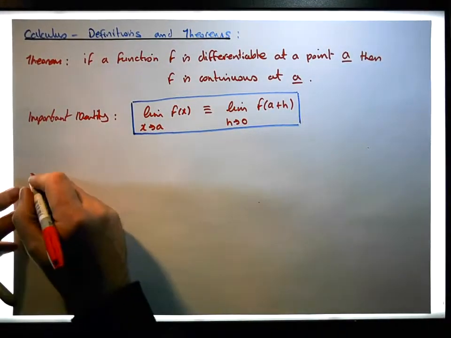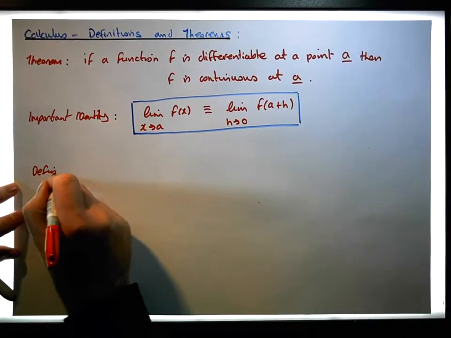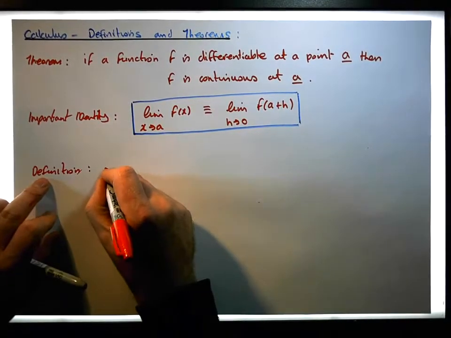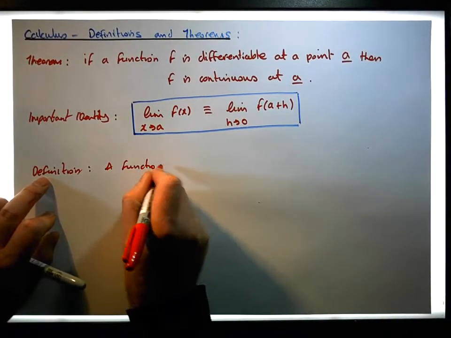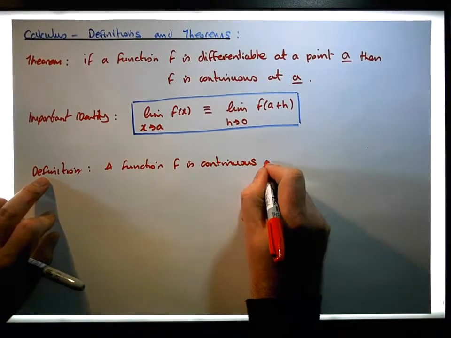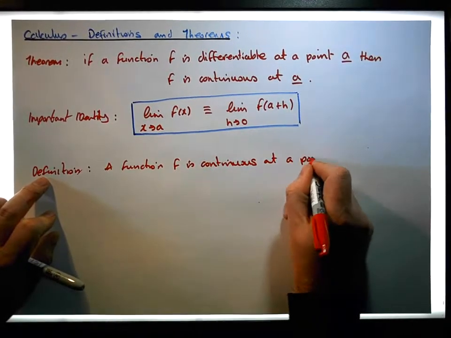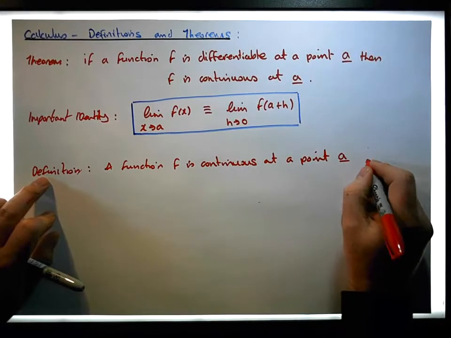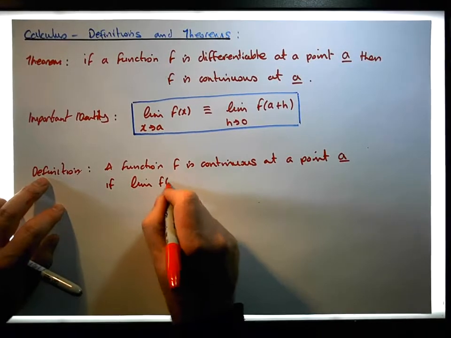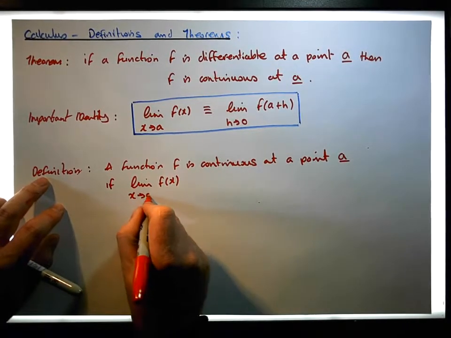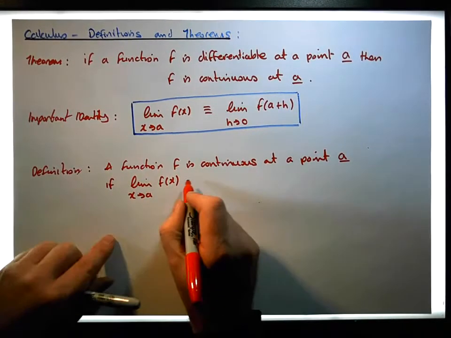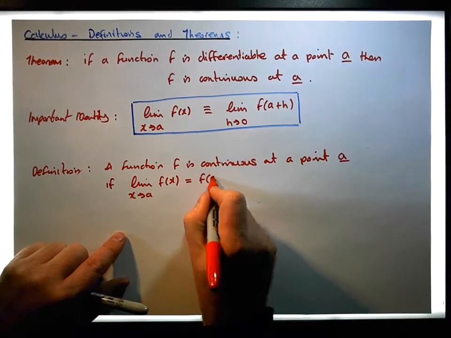Also, a definition that we're going to rely upon is what it means for a function to be continuous. A function f is continuous at a point a if the limit of f of x as x tends to a equals f of a.